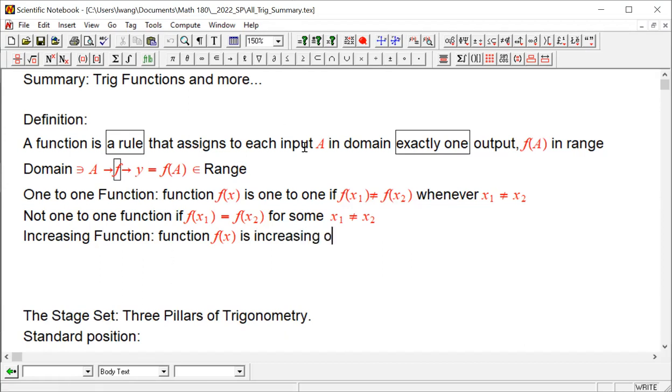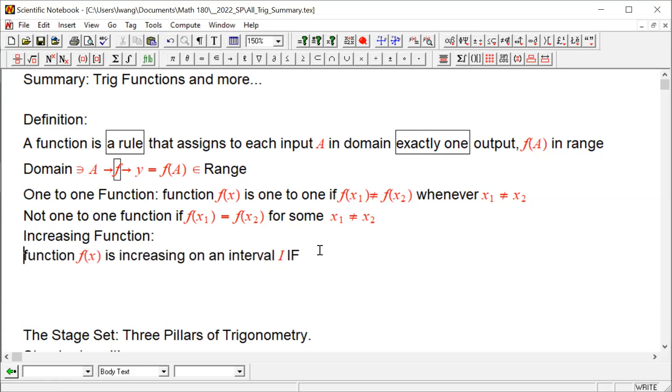Increasing can be on an interval, we call it I, if whenever one input x sub 1 is less than the other x sub 2, f of x1 is going to be less than f of x2.